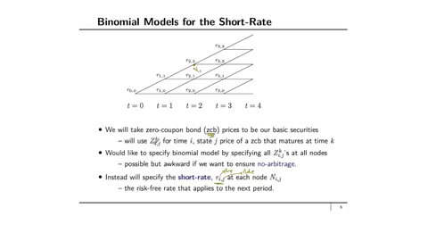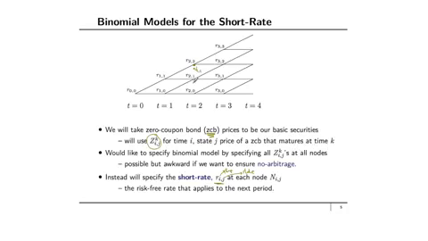We will use the notation Z subscript ij superscript k to denote the time i state j price of a zero coupon bond that matures at time k. Now it's important to get comfortable and familiar with this notation. So again, Zijk is the time i state j price of a zero coupon bond that matures at time k.